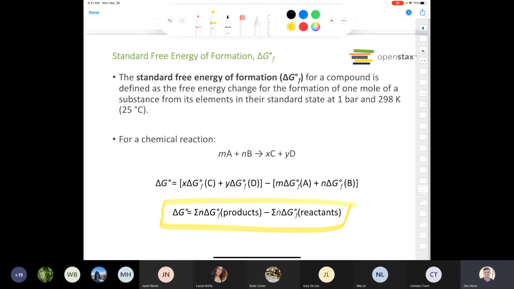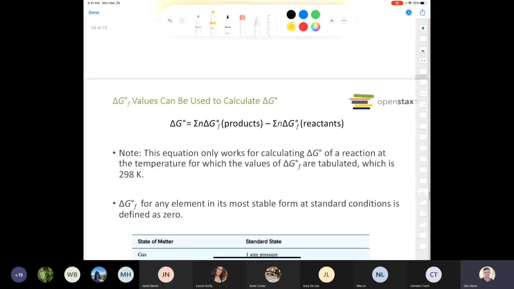We take the sum of the standard free energies of formation of the products multiplied by their stoichiometric coefficients, and subtract the sum of the standard free energies of formation of the reactants multiplied by their stoichiometric coefficients.